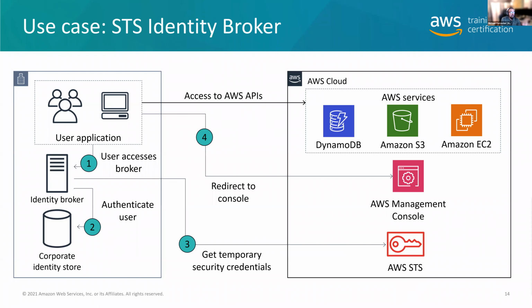It's going to return a key, and then it's going to redirect the user to the console, giving them a token, or an STS entity, that will allow them to get into the console, but only after STS has verified its relationship against the identity broker. If there's no relationship between STS and the identity broker, STS isn't going to allow anything to happen, because that's not connected authenticated information.